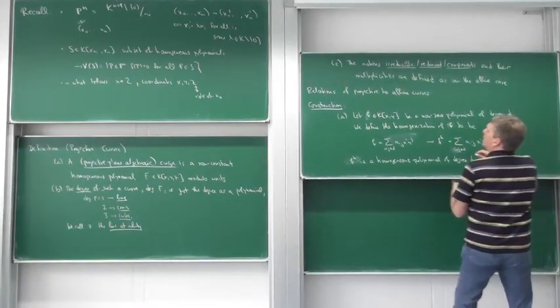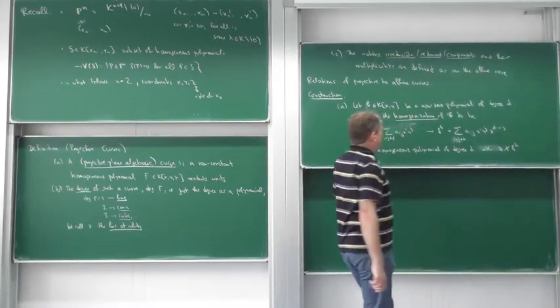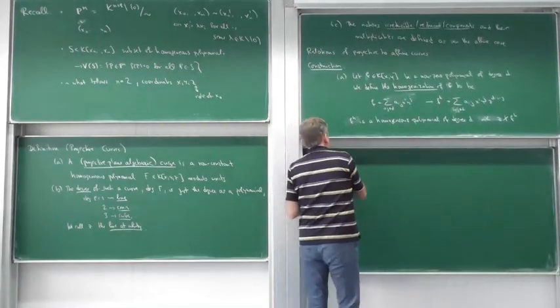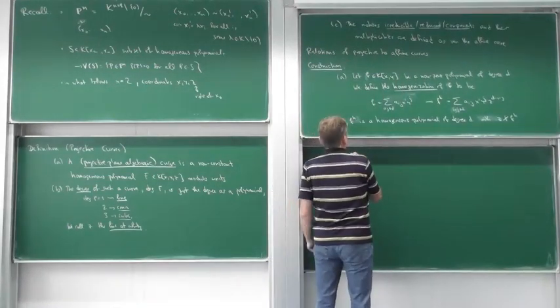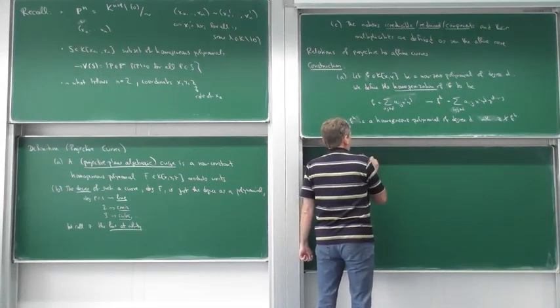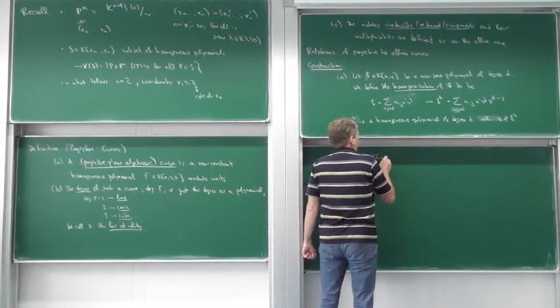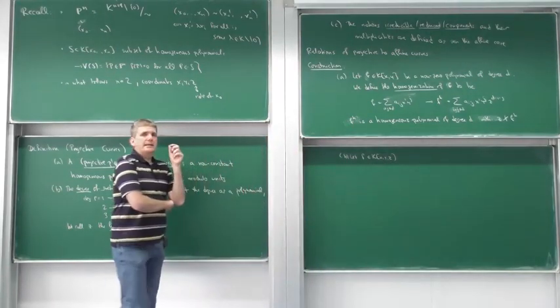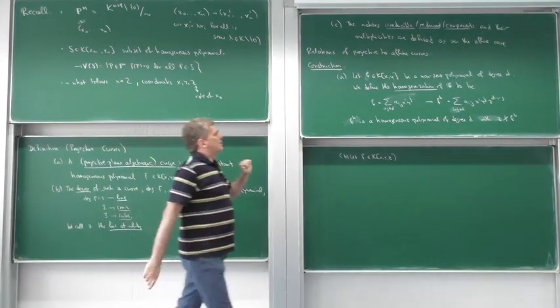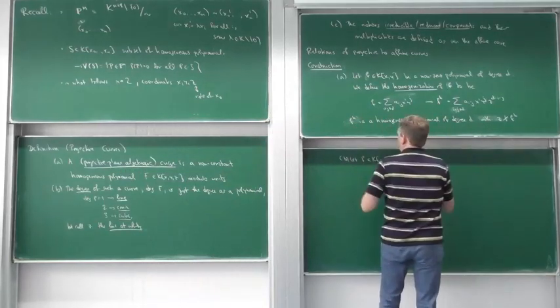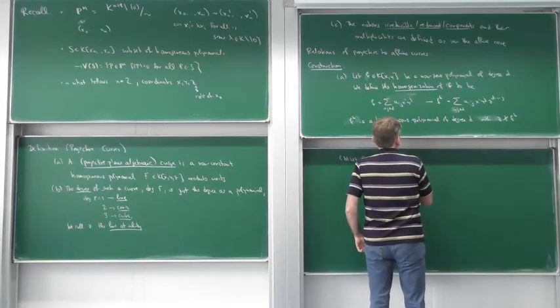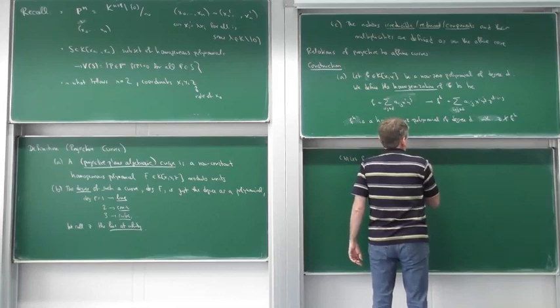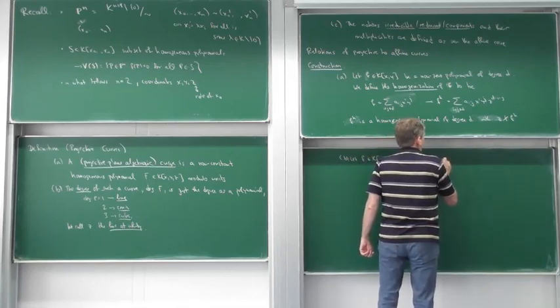So this is called the homogenization, and there's a similar operation the other way around. So let's again call it f in x, y, z, now a homogeneous polynomial. Then you can make it inhomogeneous by just setting the last variable z to 1. Let this be non-zero and homogeneous of degree d.